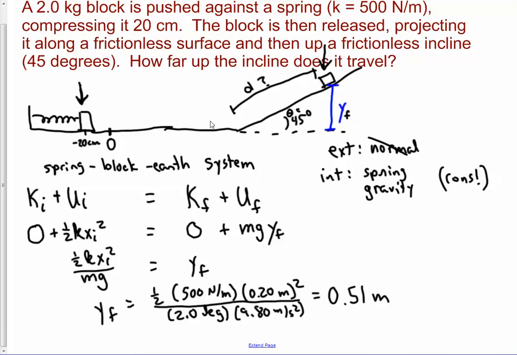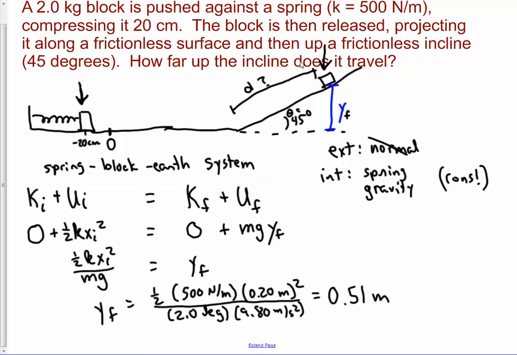Then this part is fine because it's at a constant speed, but then we'd have to do a whole F equals ma on an incline with gravity and the normal force, and work out some constant acceleration equation. Whereas here it's just, okay, here's how much energy it started with, so that's how much energy it ends with, so this is what the y has to be. Very, very direct and pretty easy.